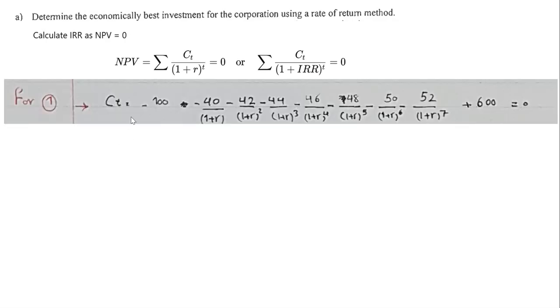According to what I told before, the Ct, our cost, would be minus 100 minus 40 divided by 1 plus r to the power of 1, minus 42 divided by 1 plus r to the power of 2, because this is year 0, this is year 1, minus 44 divided by 1 plus r to the power of 3, minus 46 divided by 1 plus r to the power of 4, minus 48 divided by 1 plus r to the power of 5, minus 50 divided by 1 plus r to the power of 6, minus 52 divided by 1 plus r to the power of 7, and at the end we have earnings of $600,000.